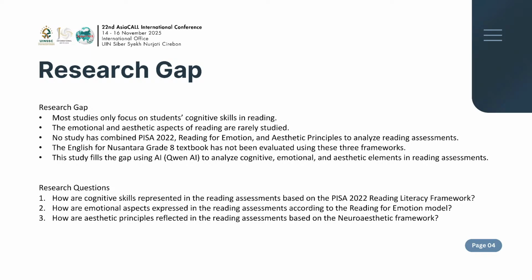Second is understanding. Understanding shows 27 questions with 21%, which shows students are already connecting ideas. And last is evaluate and reflect. Evaluate and reflect only shows 10% and 12 questions. It shows that the students still cannot really learn about critical thinking.